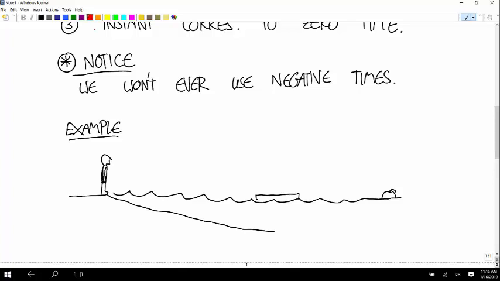Let's say this distance is 50 meters. Based on that, you can tell that this guy is about 20 meters tall. So 50 meters, and let's say this is another 25 meters.